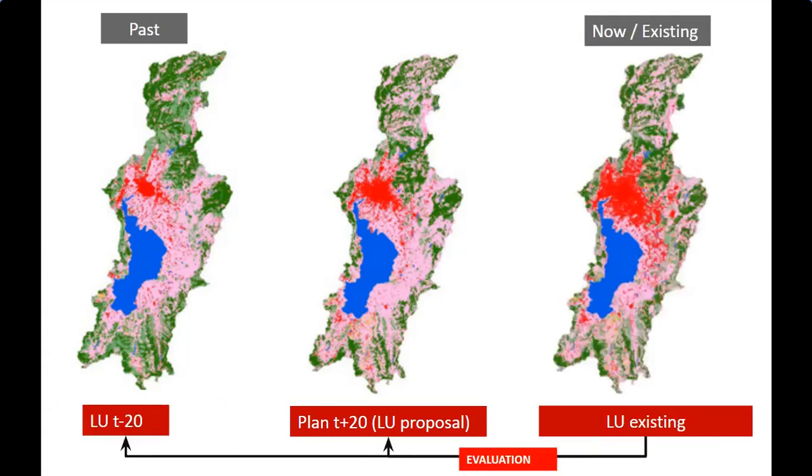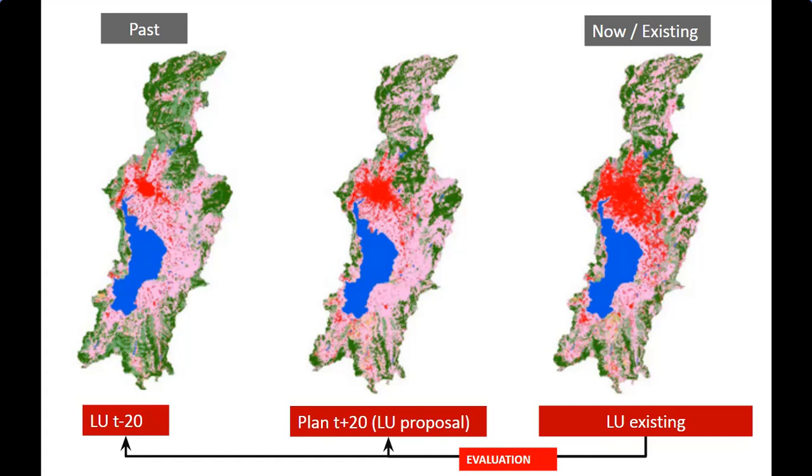So imagine that we move 20 years ahead. So let's say now is 2040. We see that the land use in 2020 is the land use in the past. So the left side of the map is the land use in T minus 20, or 20 years before 2040, which means it's the existing land use, or the actual land use, in 2020.